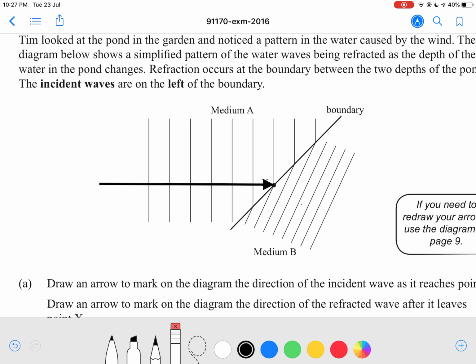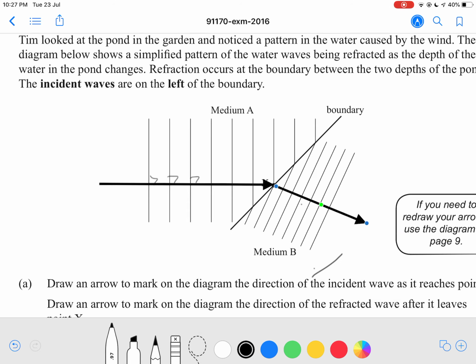After it hits the boundary and it refracts, it's going to change direction, and once again it's going to be perpendicular to the wavefronts. As you can see, this makes 90 degrees, 90 degrees, etc. After it refracts, it's the exact same thing.